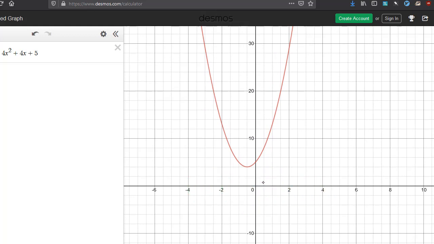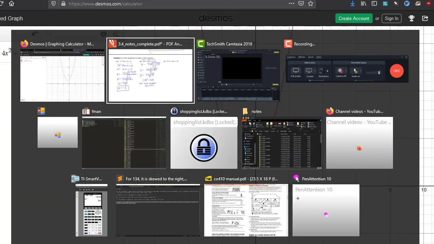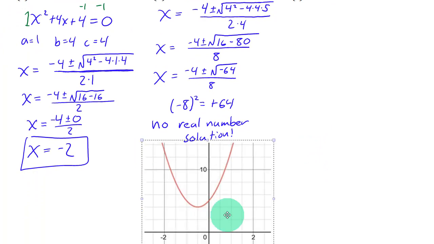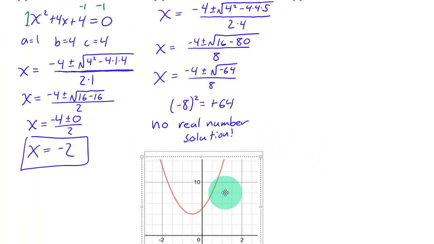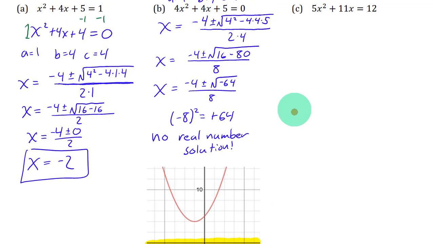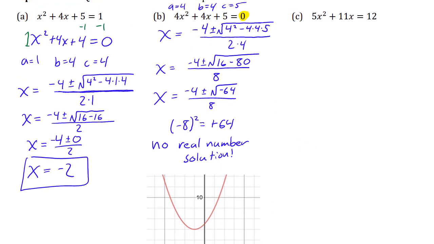So I'm going to copy this over here so you can see what this looks like. So yeah, here's where y would be equal to 0, but there are no points on the graph where it's equal to 0. And what about this one? Well, if this has one solution, what does that tell you about the graph of x squared plus 4x plus 4 equals 0?